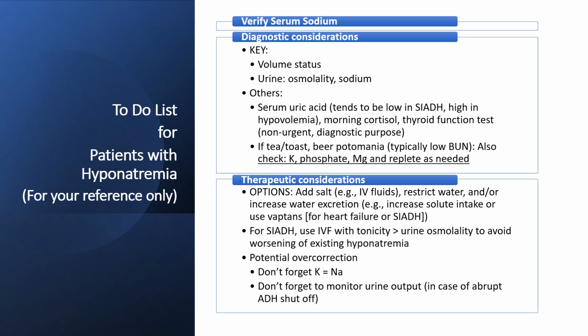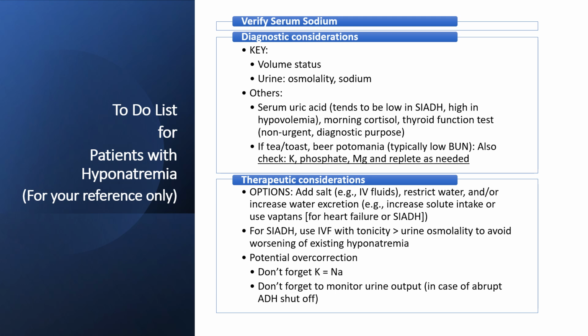These include intravenous fluid tonicity selection in patients with severe SIADH to avoid worsening of hyponatremia, potentially overly rapid correction of hyponatremia that may occur with potassium supplementation, and high urine output state when patients' ADH secretion is abruptly shut off.